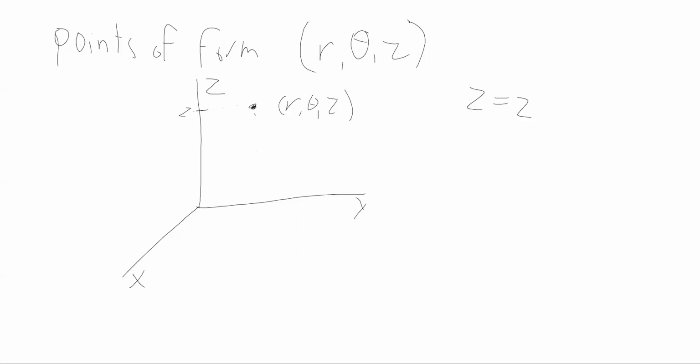So we're going to project this down to the xy plane. So r is going to be the distance from the origin when you project it down to the xy plane. And theta is going to be the angle measured counterclockwise from the positive x-axis.